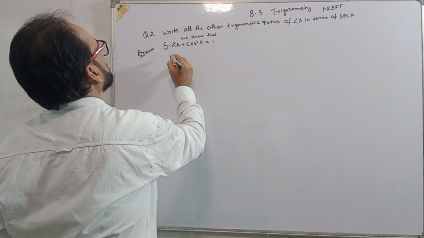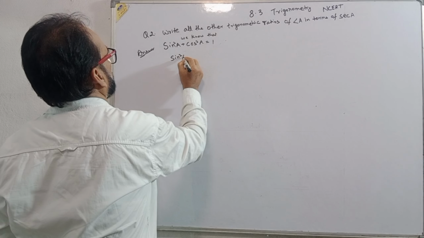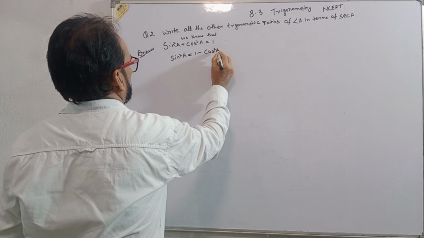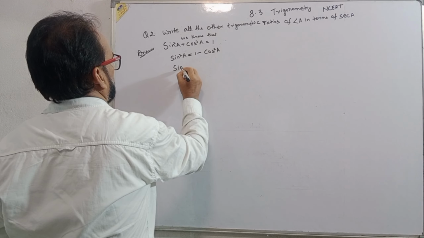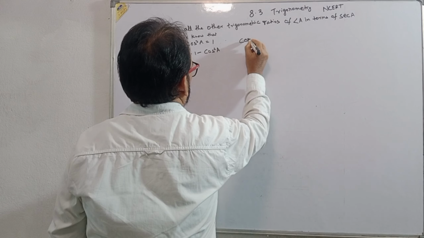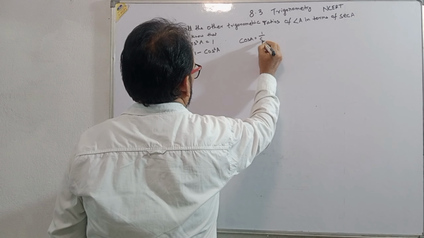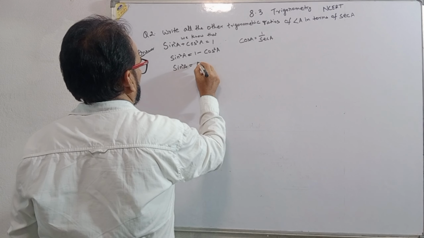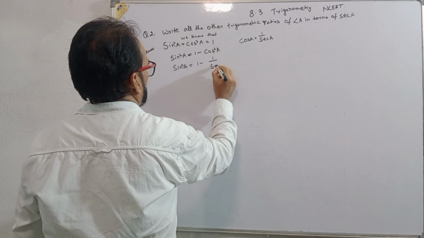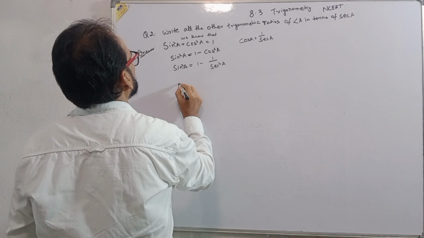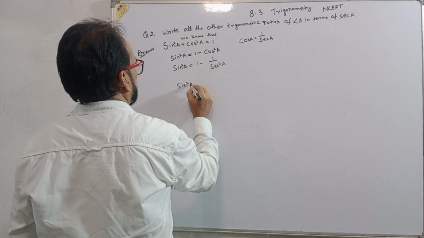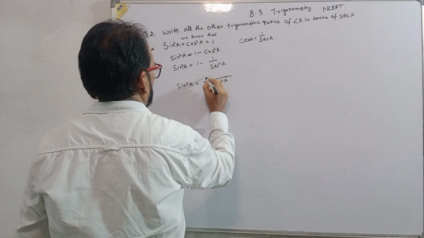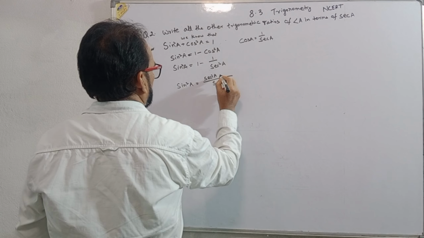Now sin square A equals 1 minus cos square A. We know cos A equals 1 by sec A. Sin square A equals 1 minus 1 by sec square A. Sin square A equals sec square A minus 1 by sec square A, taking the LCM.